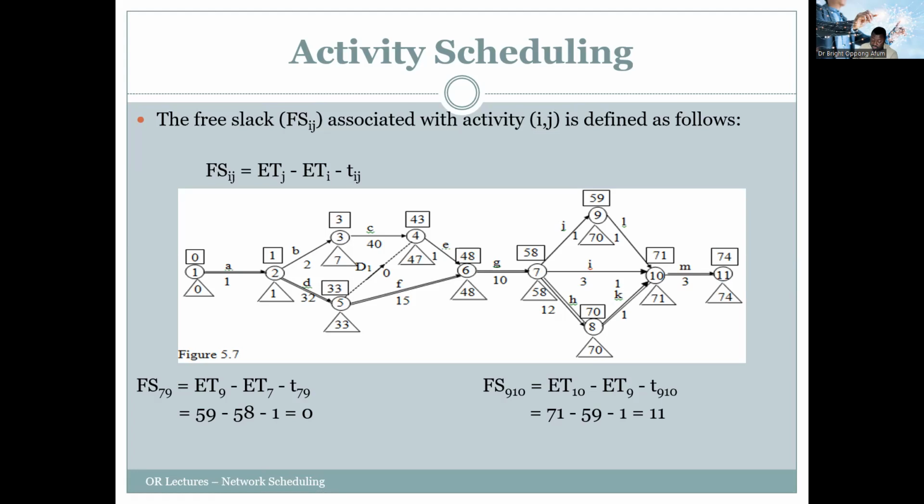For activity I, from 7 to 9, the free slack is 0. There's no way we can delay that.